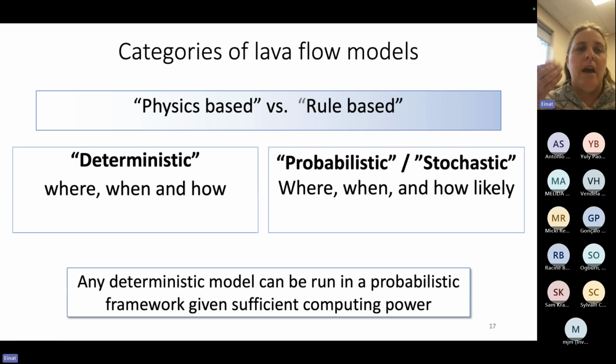So if you have a model that gives you the same result every time because it's deterministic, but you run 5,000 of them, varying the input parameters based on some prior assumptions on your distributions, then it becomes probabilistic and it gives you a probabilistic answer. So these two can be combined.